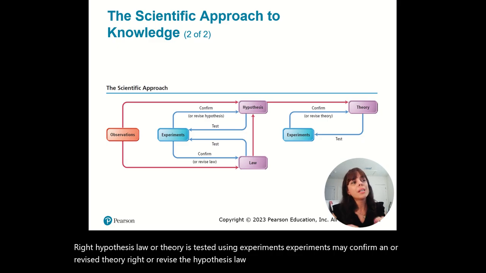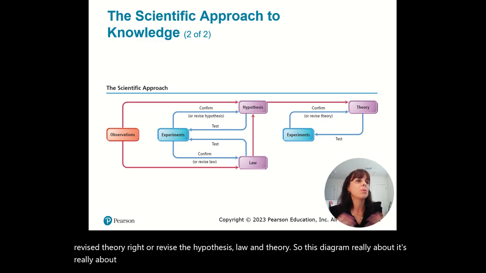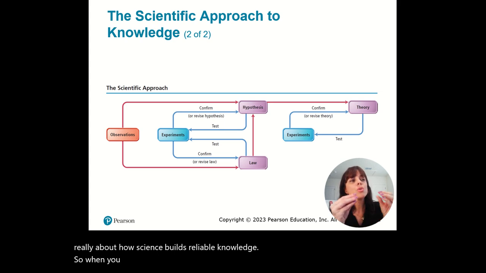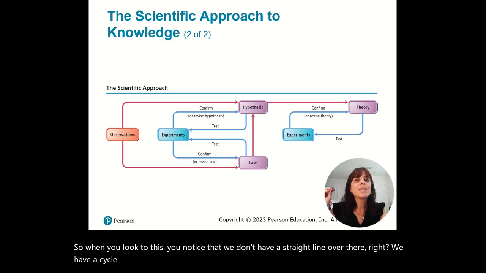So this diagram is really about how science builds reliable knowledge. When you look at this, you notice that we don't have a straight line over there, right? We have a cycle. And it emphasizes that science is based on evidence, not opinion or authorities.